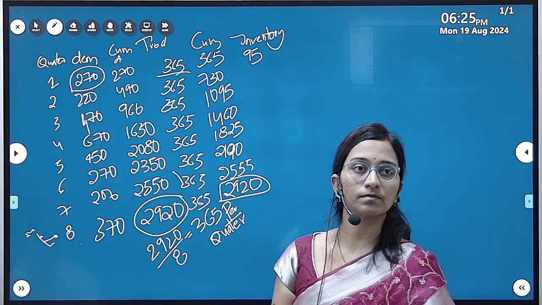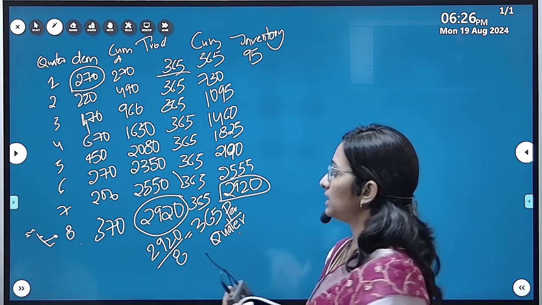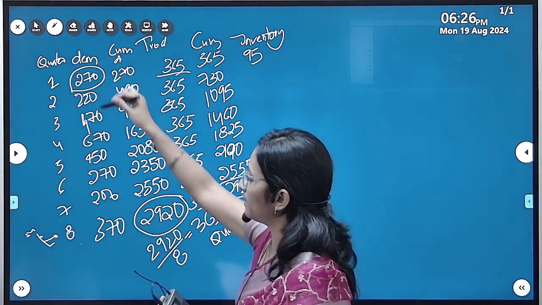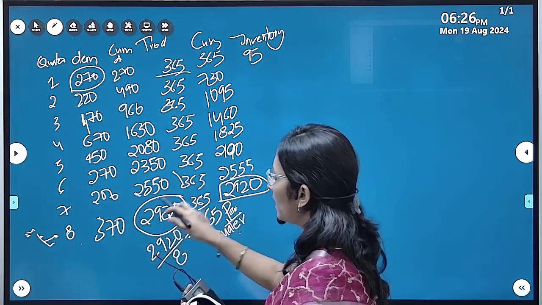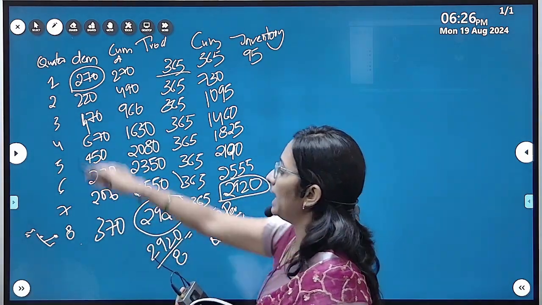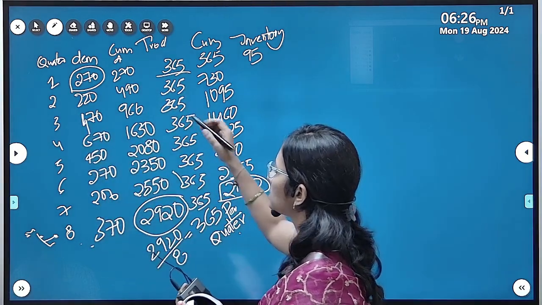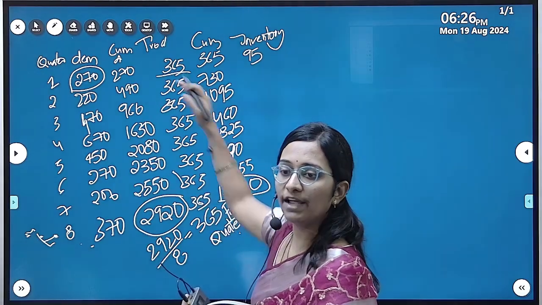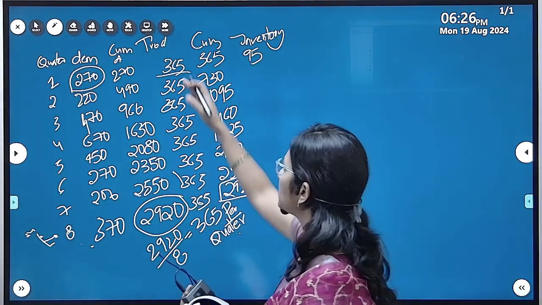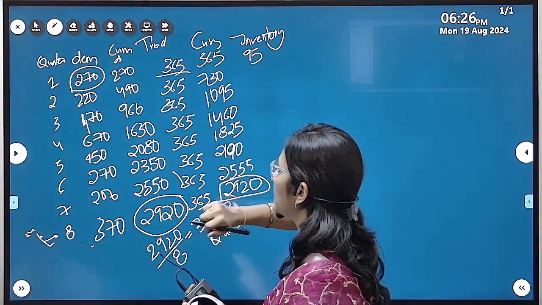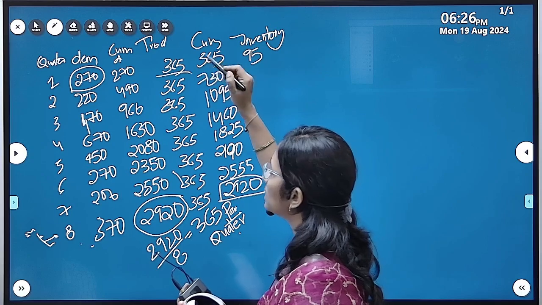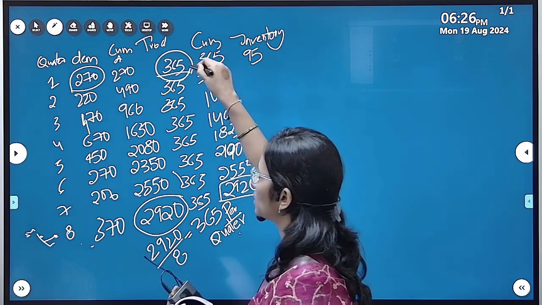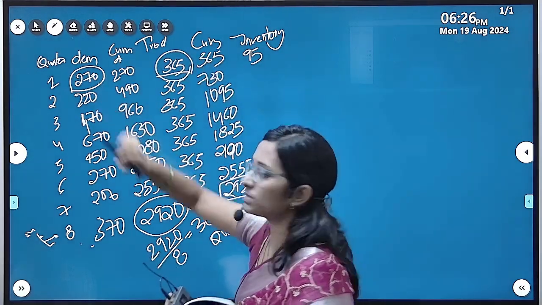Actually, the actual demand is this one. But what the firm is doing is dividing the average demand by 8 quarters, so they are distributing equally to every quarter. After distributing this average demand to every quarter, we got 365. Actually, this 365 is the production, but the demand is only 270.